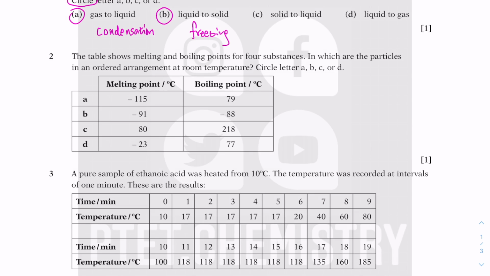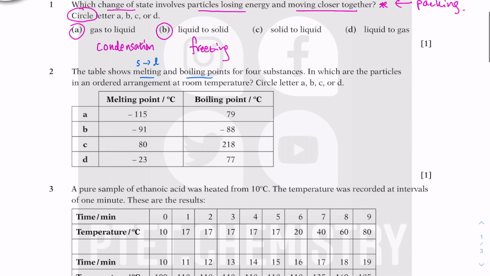In question 2, the table shows the melting and the boiling points. Melting point is the temperature at which you go from solid to liquid, and boiling point is the temperature at which you go from liquid to gas. So in which are the particles in an ordered arrangement?